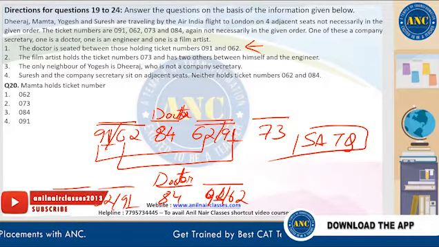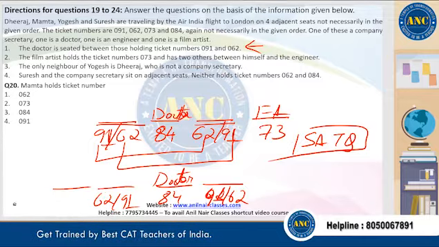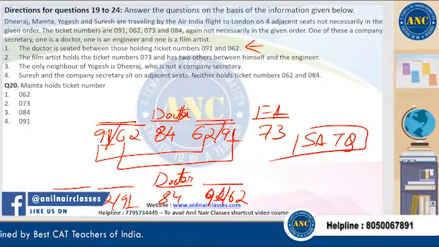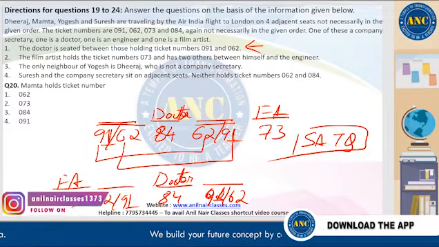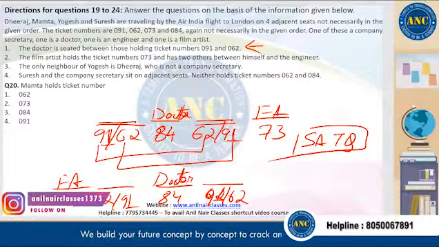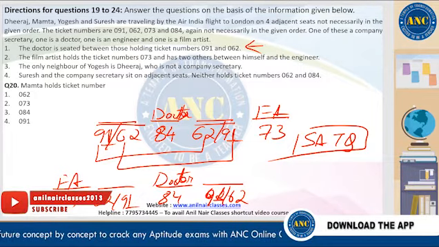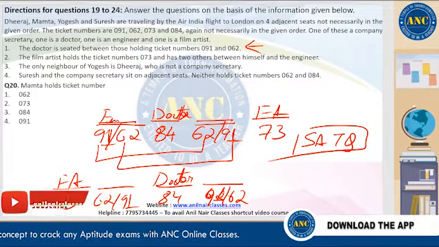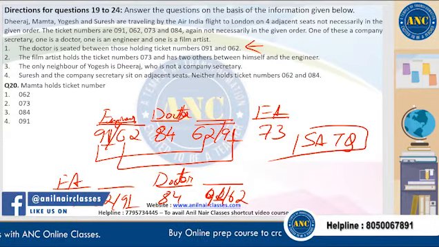If this is the case, that is the film artist, and in this case too, that is 73, that has to be the film artist. The film artist also has two other persons between himself and the engineer. That means here we must have the engineer, whatever the number, it does not matter, because there are two persons between the film artist and the engineer.